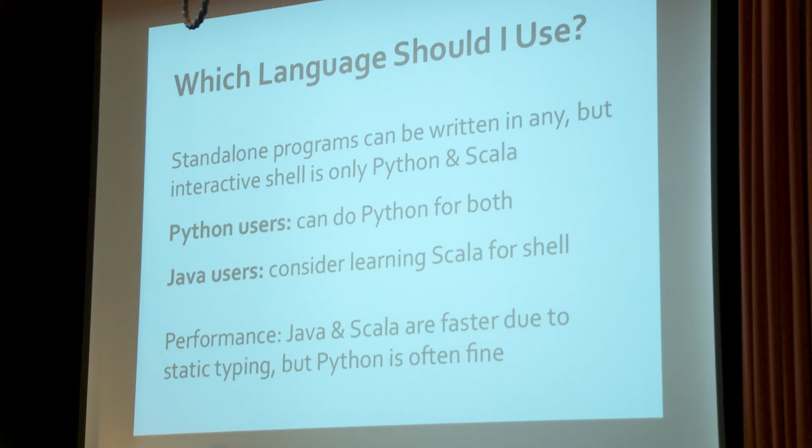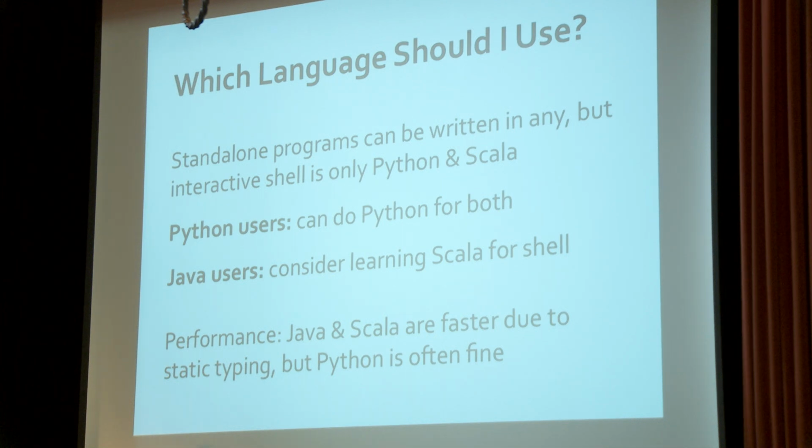So if you're a Python user, you can safely use Python for both of these things, and it's going to be fine. If you're a Java user, I recommend learning just a little bit of Scala for the shell. We actually have resources in the exercises to do that, and it's a really fun language, and using the shell is one of the best ways to play with data and to learn Spark.